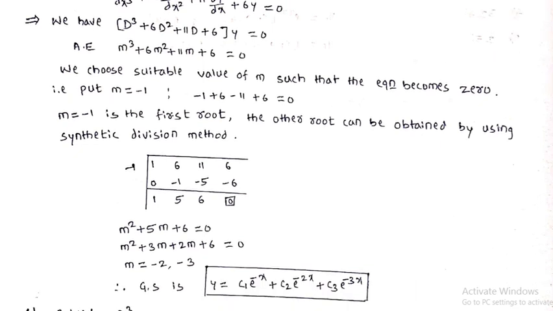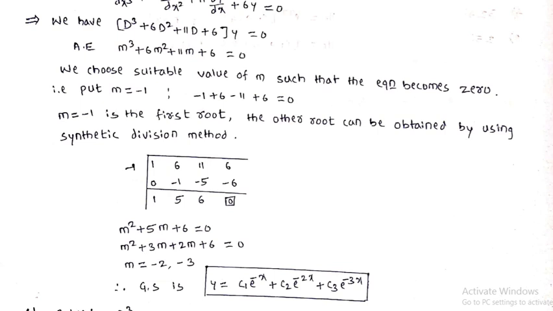Now we express these numbers in equation form as m square plus 5m plus 6, the last one being the constant. So here we reduce the cubic equation into a quadratic form. Then we easily get the remaining two roots of the quadratic equation. After factorizing we get -2 and -3.